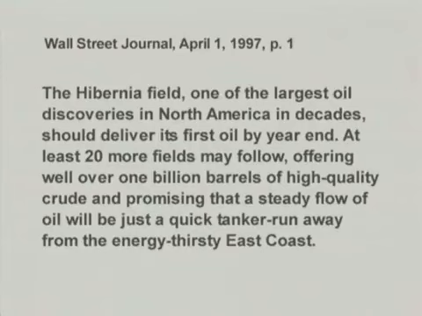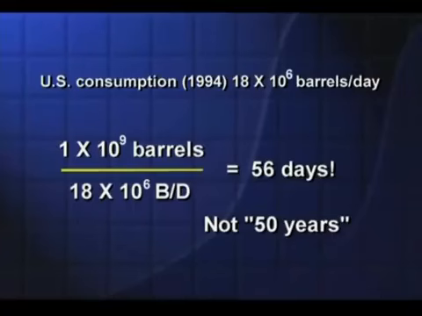At least 20 more fields may follow, offering well over 1 billion barrels of high-quality crude, promising a steady flow of oil just a quick tanker run away from the energy-thirsty East Coast. They may find 1 billion barrels of oil in that undersea deposit. We're now consuming something like 18 million barrels a day. Do the long division, and that whole supply would meet our needs in the United States for 56 days. And what did that headline say? It said 50 years.